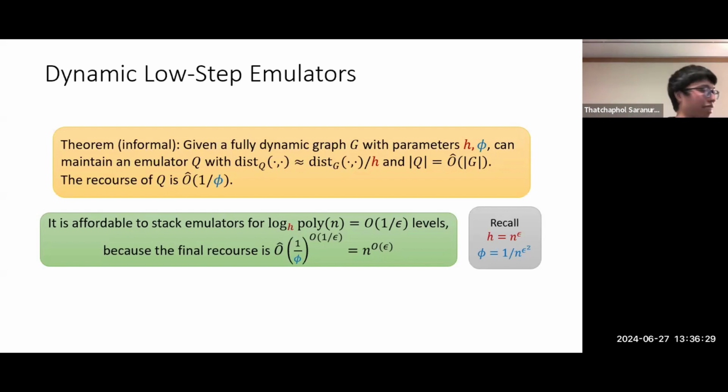But this 1/5 recourse is affordable because we only stack the emulators for 1/epsilon levels. If you recall how we set the length and congestion parameters, you will find that the final recourse is still bounded by n/epsilon.